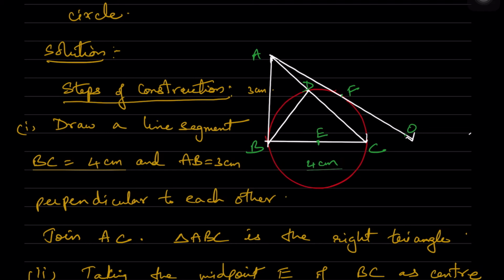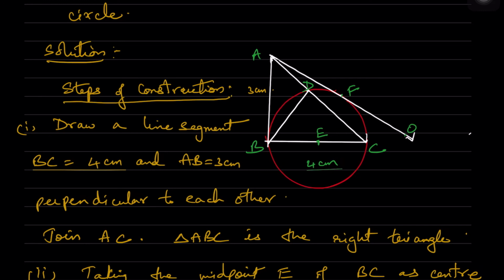First join A to C, then with E as center and EB as radius, draw a circle in such a way that it meets B, C and D.